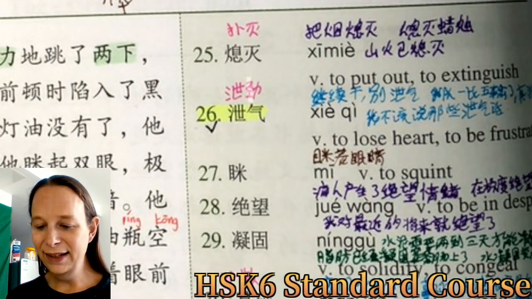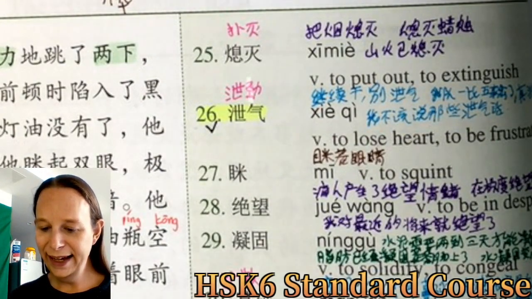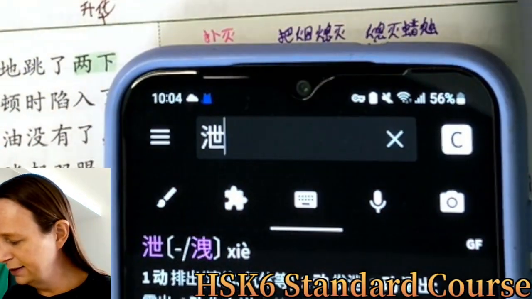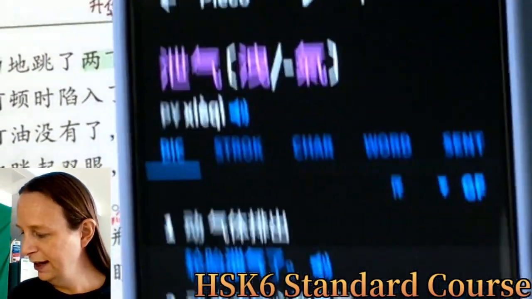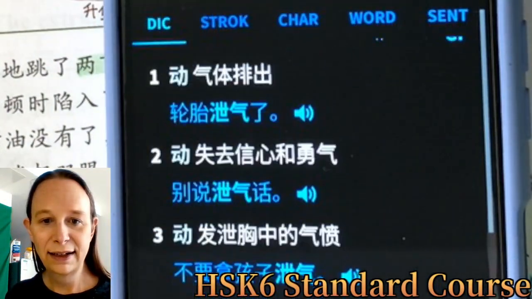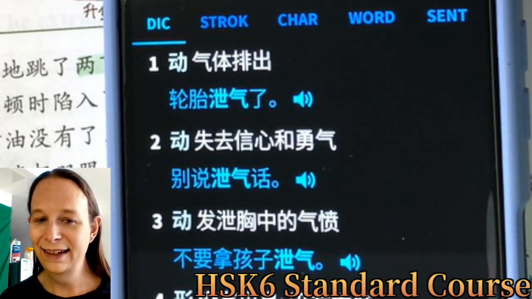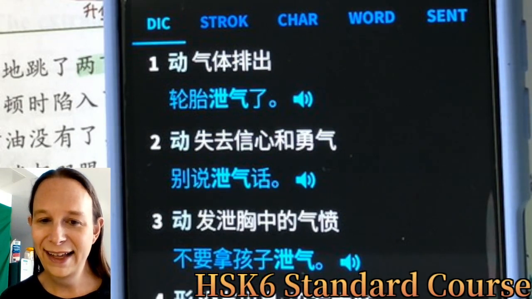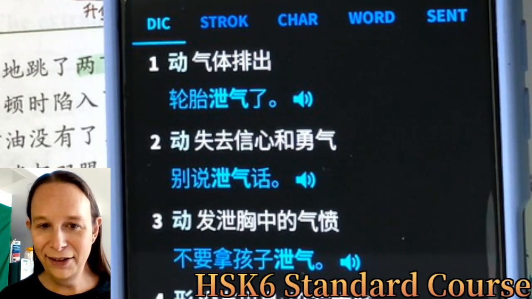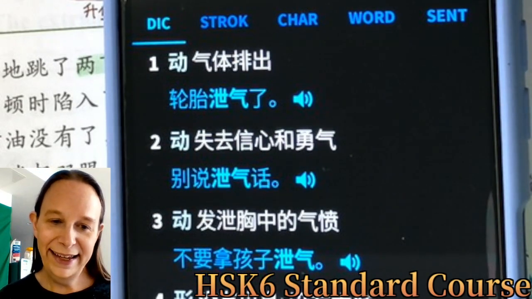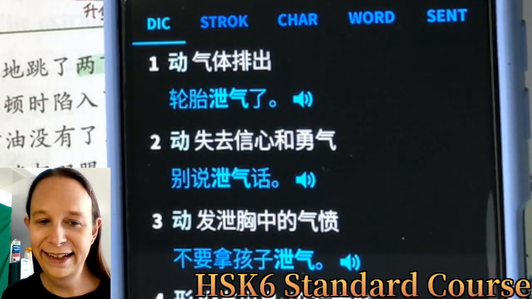Oh, maybe you can use it literally, to leak gas. Can you use it literally? 气体排出. Oh, there it is. 轮胎泄气了. Yeah, so the tire is leaking gas. So maybe it's akin to deflated in English.